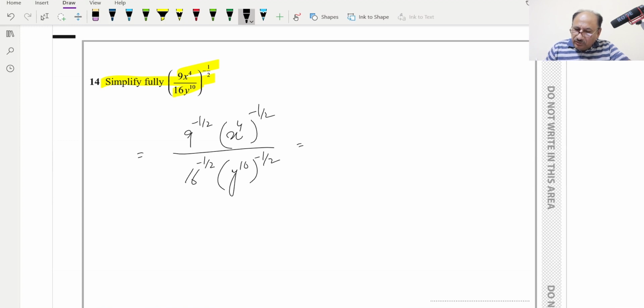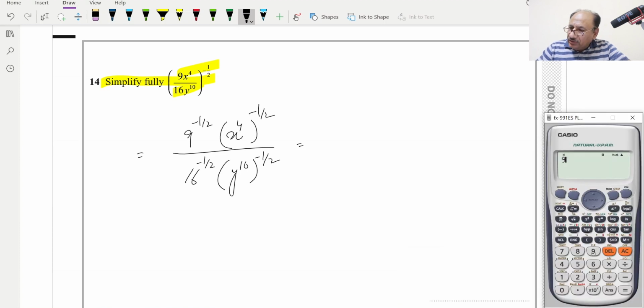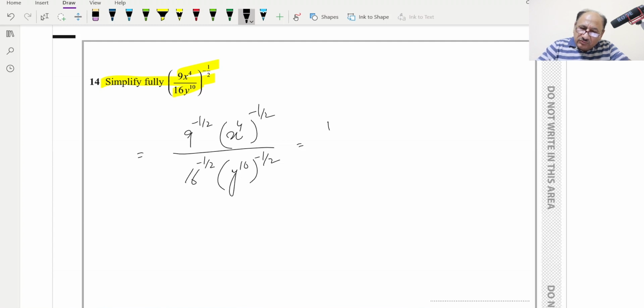If we use the calculator, 9 raised to the power minus 1 over 2 is giving us 1 by 3, so this will be 1 over 3 into x. The 2 will be cancelled with this 4 and we'll get x raised to minus 2.